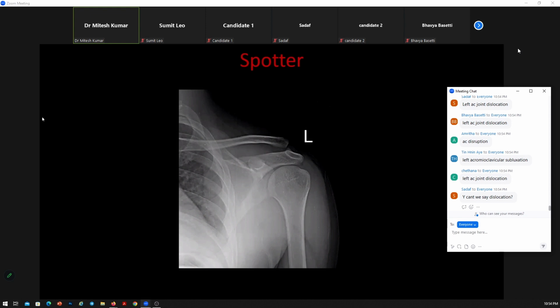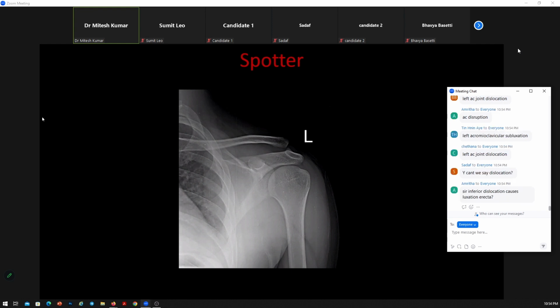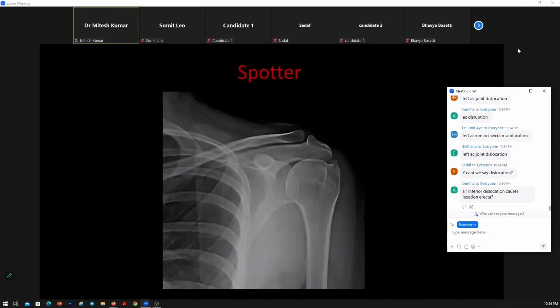Someone has written, why can't we say dislocation? In AC joint subluxation or dislocation, usually it doesn't matter much. People just write subluxation or dislocation. Here we can see that some degree of articulation is still maintained. So this could be subluxation. Now we'll go to the next case.